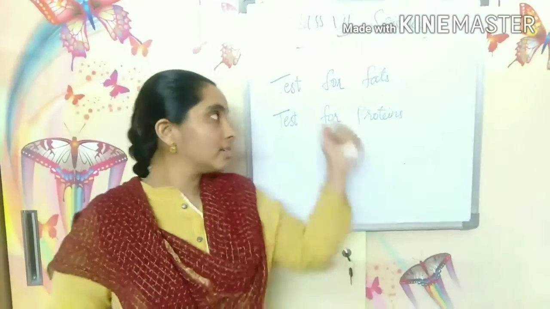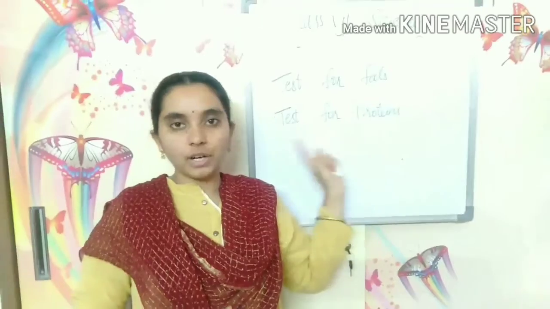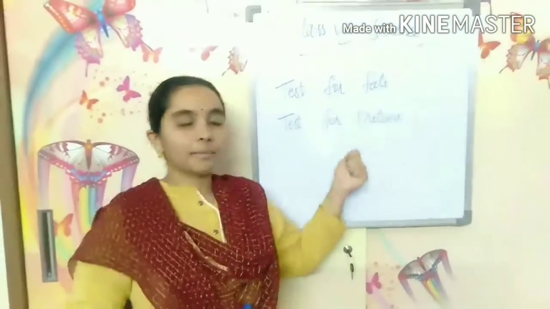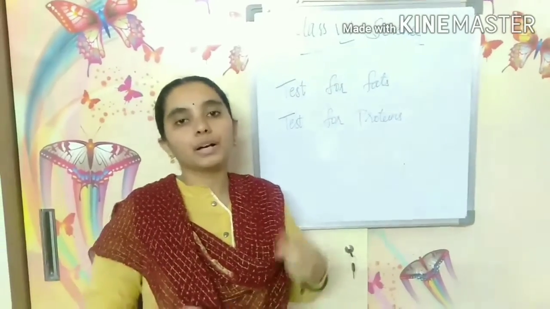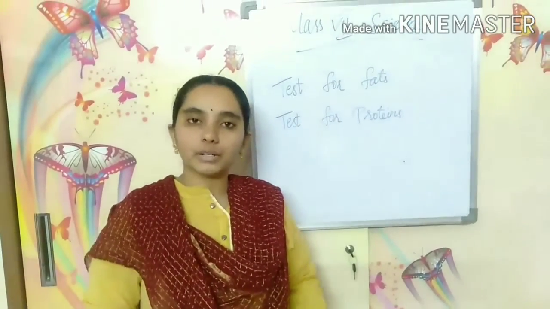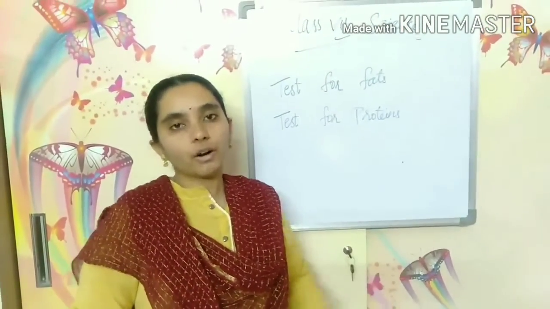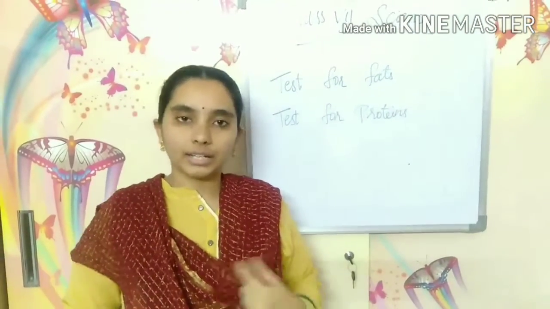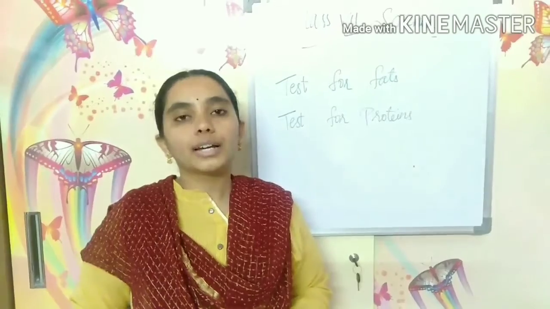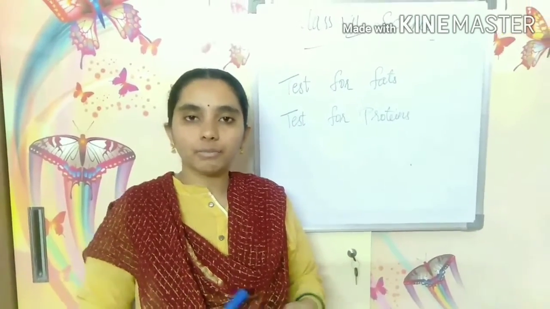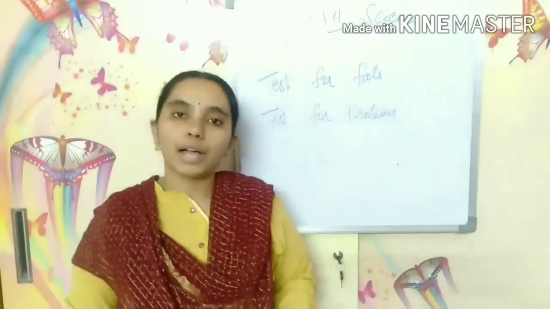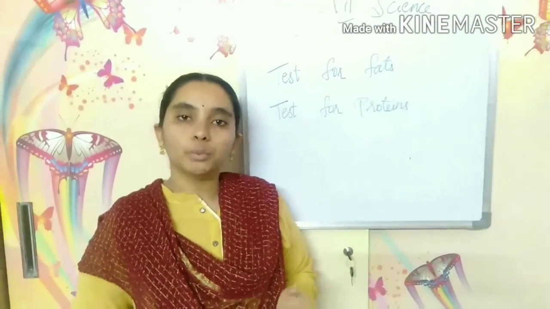So we have seen the test for fats and also the test for proteins. If proteins are present in any food sample, it will turn violet or purple in color. If they are absent, it will not turn violet. In the last class we saw that if starch or carbohydrates are present, the iodine solution will turn blue or black.